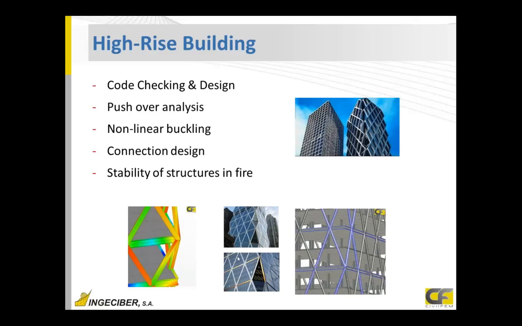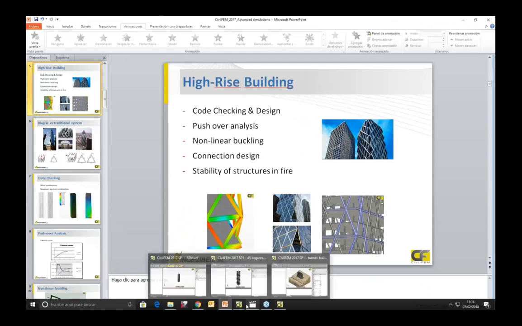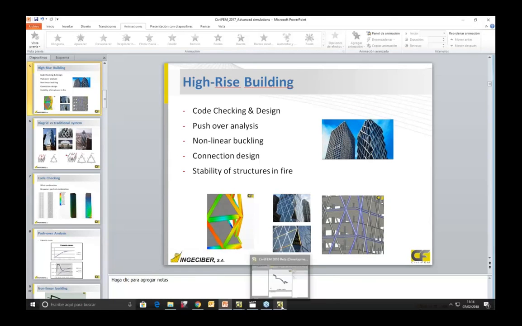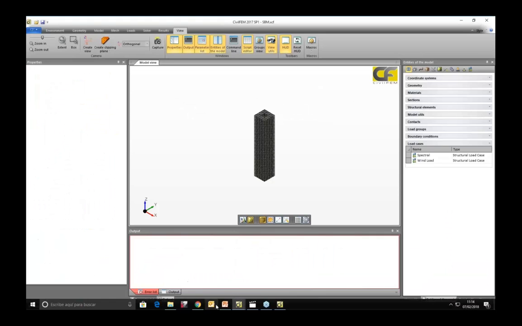As I said before, we are going to compare classical structures with vertical and horizontal beams and columns, or with this diagonal grid. So let's open the first model. Here it is.